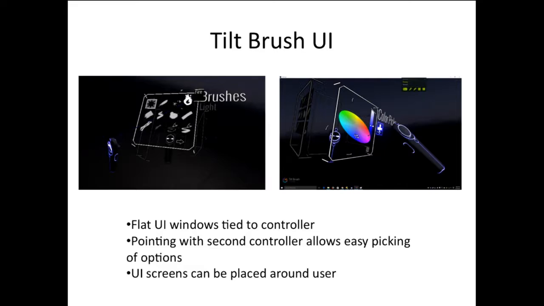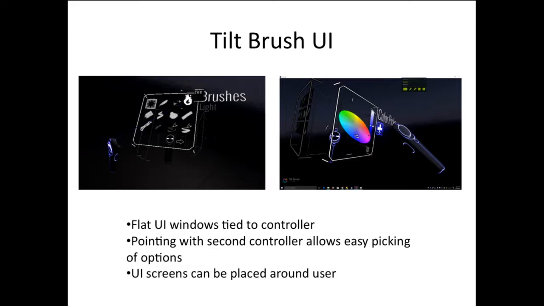Tilt Brush is really interesting because I'd say as a VR program, it's probably gone through more development than a lot of other programs, just because it was one of the first and it's been released and it's gone through a lot of testing. So it's really cool. Essentially, on one hand, you have a palette that's accessing your UI. On the other hand, you're using your brush, which you would draw with.